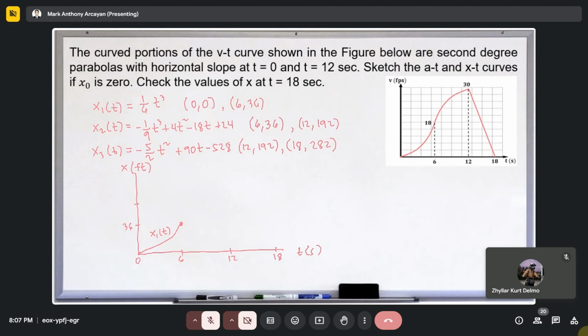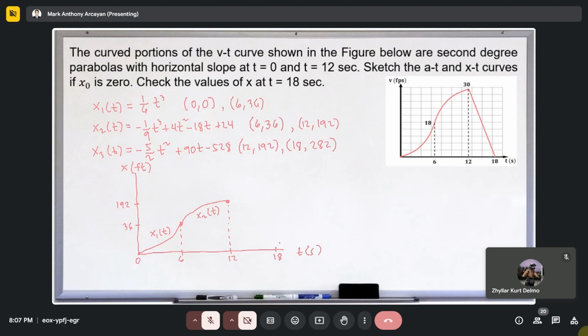We will put here 192. Now this cubic function will tend to open downward. It will be like this, and this is x₂(t).